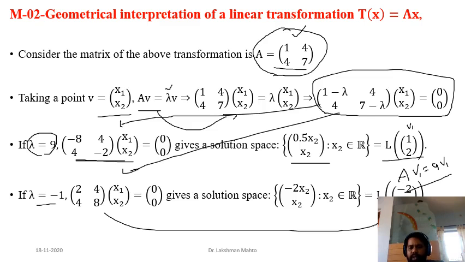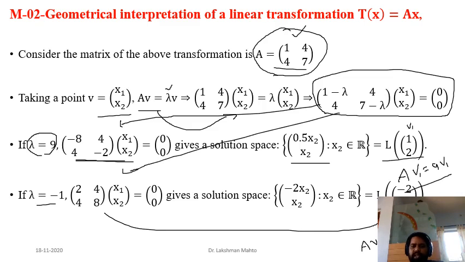So when you apply the matrix over v2, you will observe that it is again not changing the direction. It is just lambda times v2. What is lambda here? Lambda would be minus 1. So just this kind of geometric visualization you observe. So A times v2 is equal to negative of v2. Again it is not changing the direction.